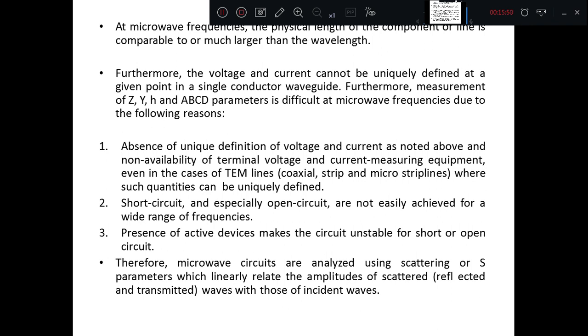And the third point is the presence of active devices makes the circuit unstable for short or open circuit. Even if you want to work with the short or open circuit, with respect to the active devices, the circuit becomes unstable. So we have to go for a stable circuit.